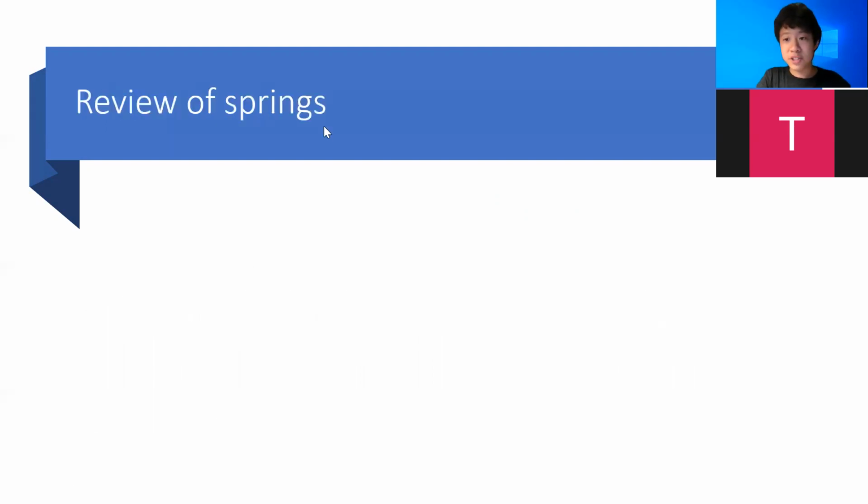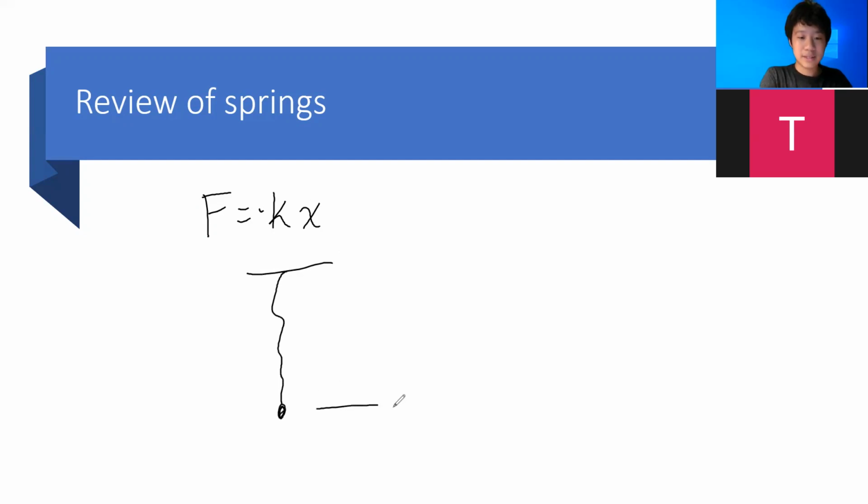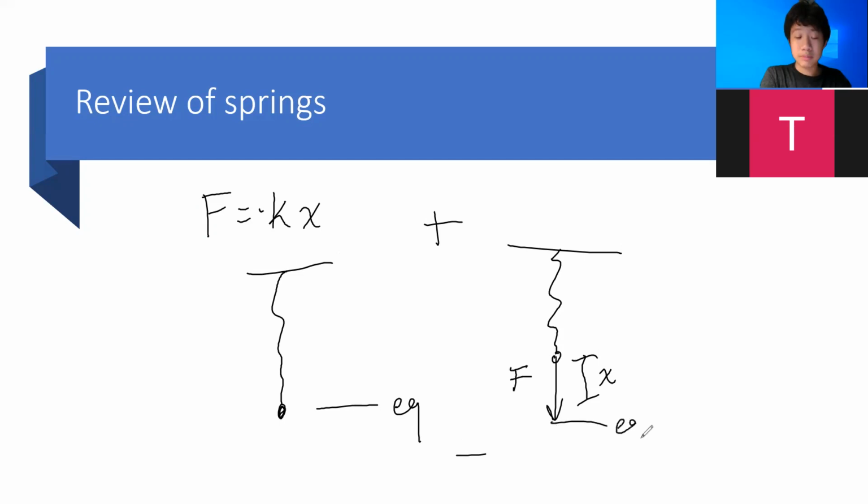So that's why we need to review springs, because as you know, in springs, we have a formula where the force of a spring is equal to kx, and the force is always directed in the negative direction of displacement. For example, if I were to have a spring here at relaxed equilibrium point, if I were to compress the spring, the distance x, let's say this is positive and negative, distance x is positive, so the force must be negative, and the force would go down towards the equilibrium point.